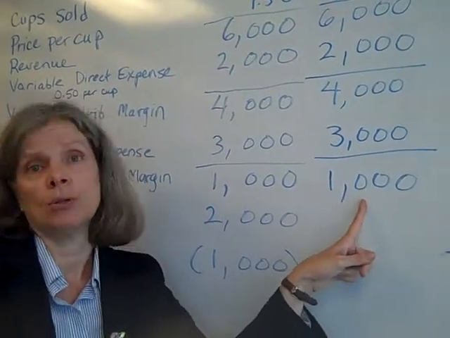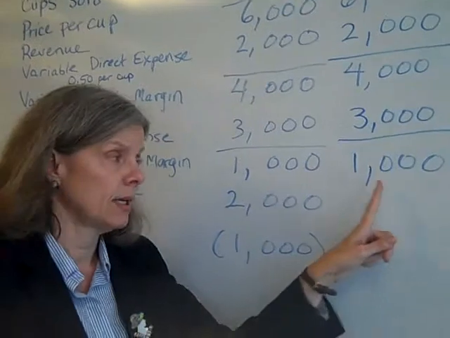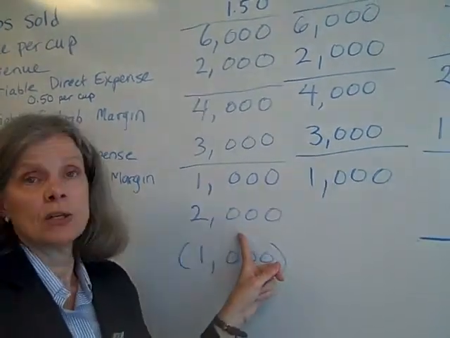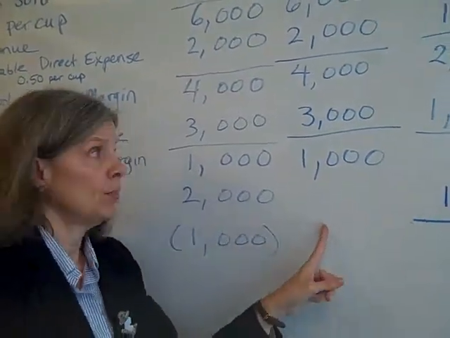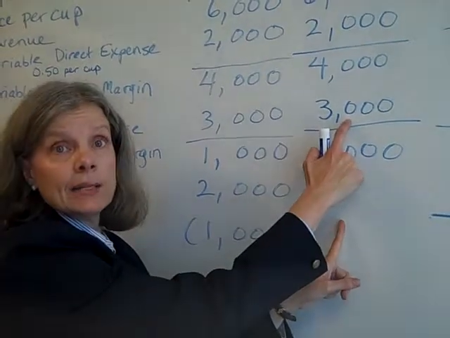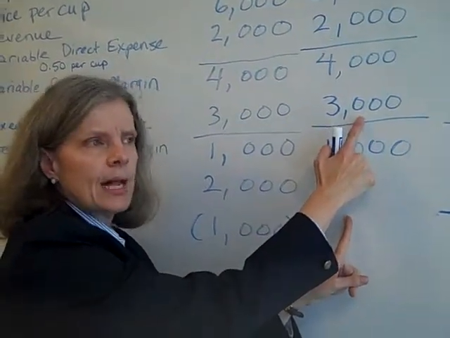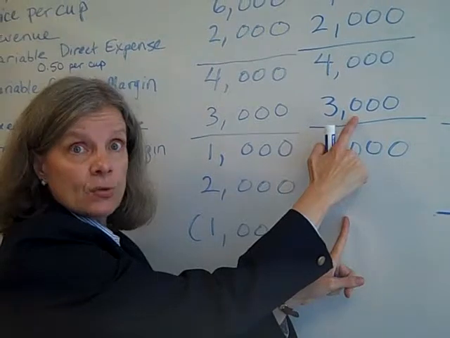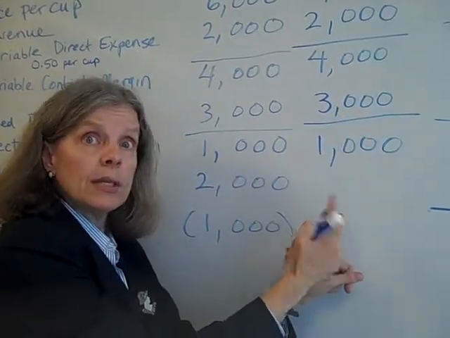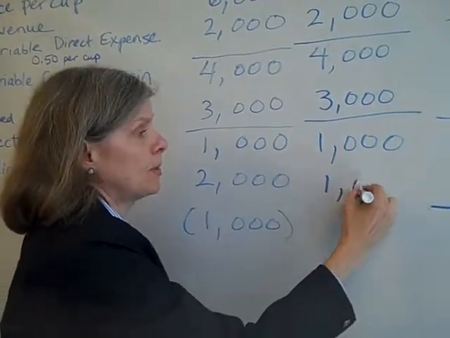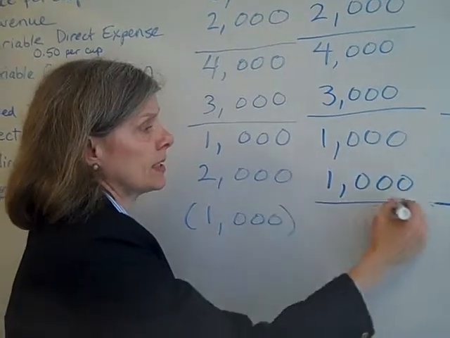And this is available to cover our indirect expense, which now, instead of being 2,000, is only 1,000, because 1,000 of Lenny's salary went as a fixed direct expense, and only 1,000 is an indirect expense.